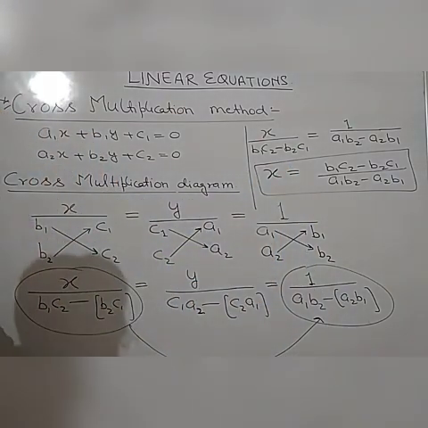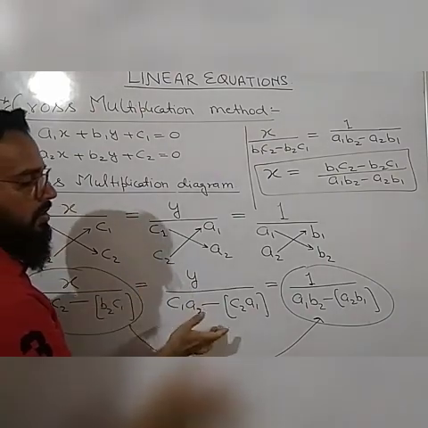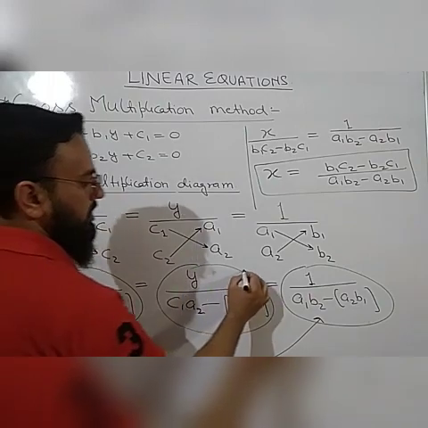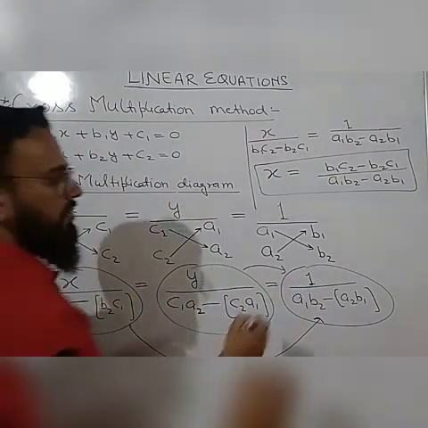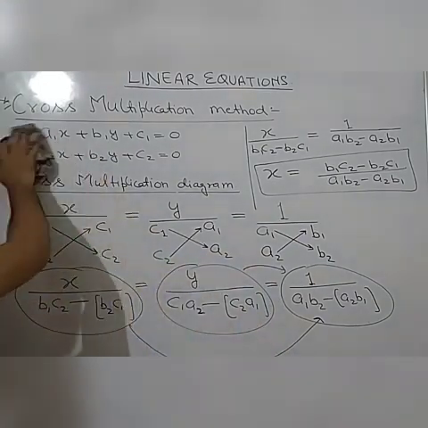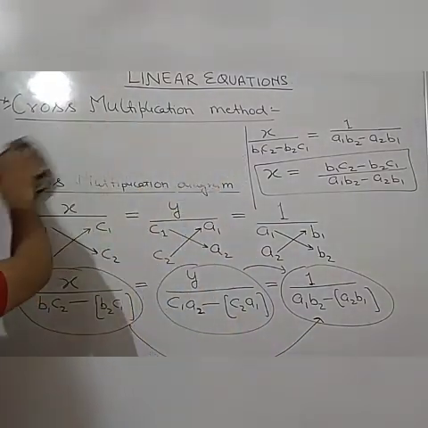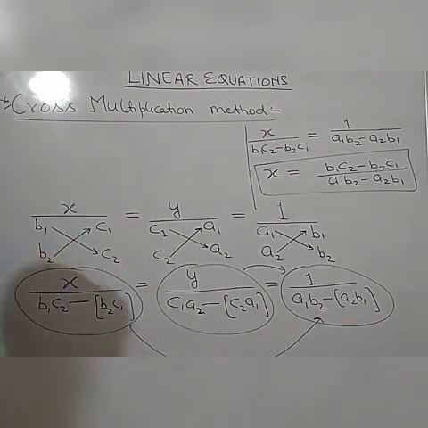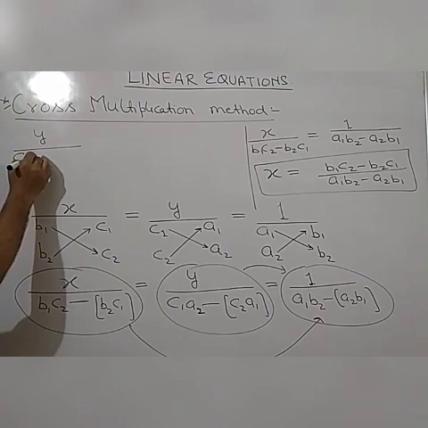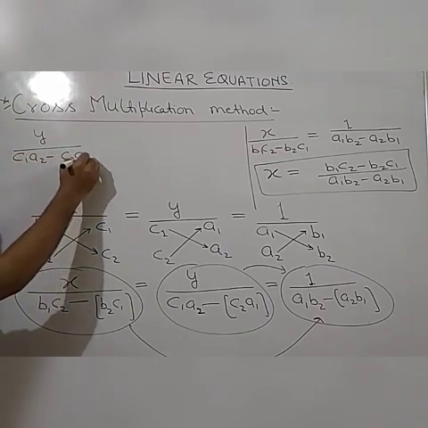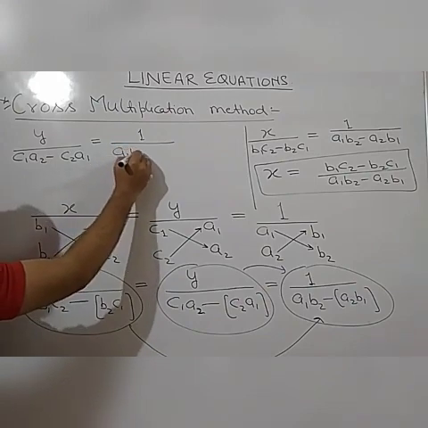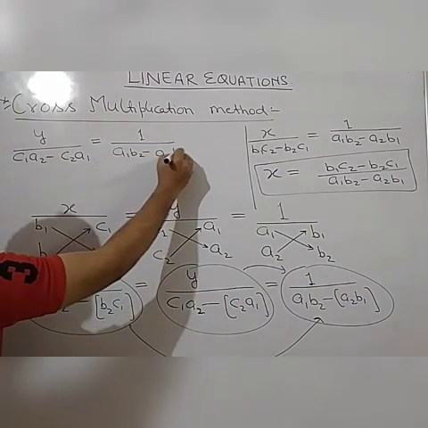Similarly, by putting y upon this whole term is equal to 1 upon this term, we will get y upon c1a2 minus c2a1 is equal to 1 upon a1b2 minus a2b1.